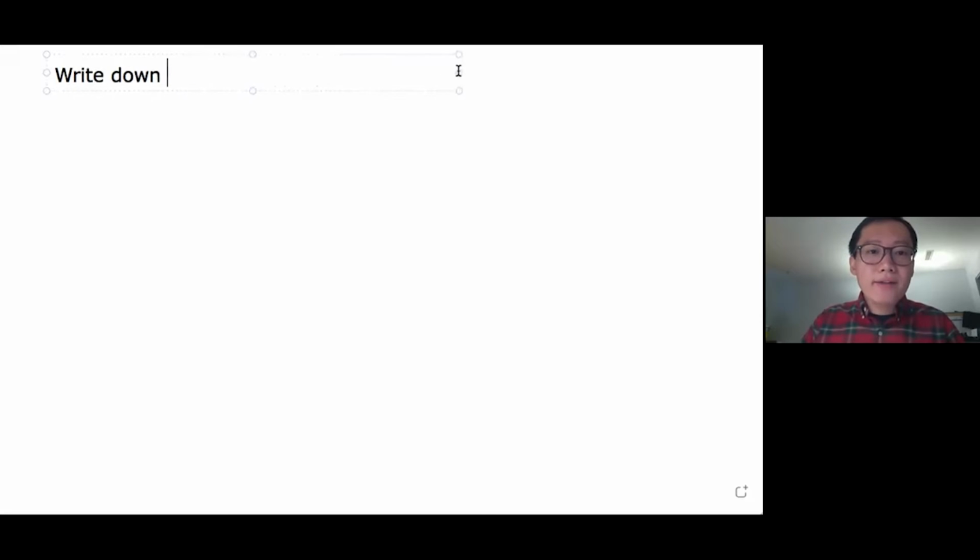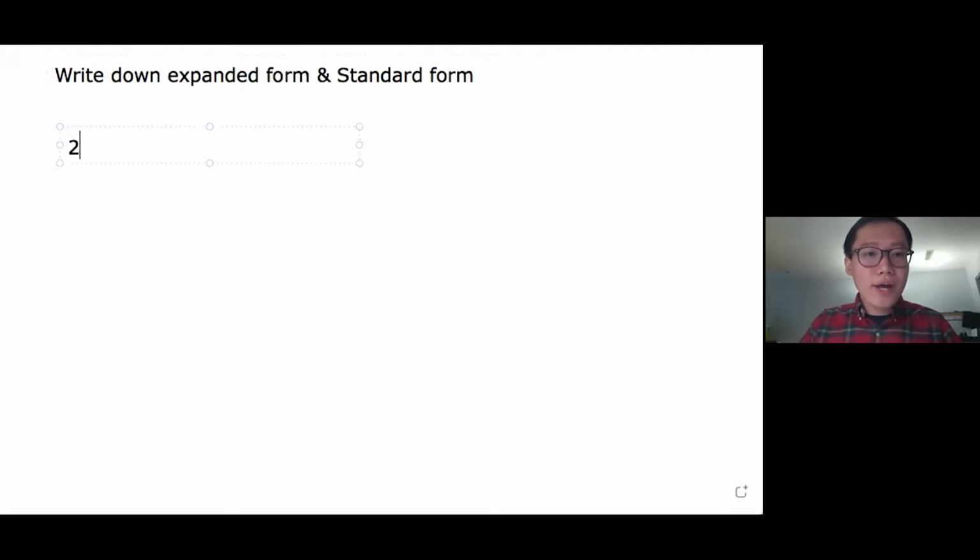Can you guys write down the expanded form and standard form for the following number? Let's first start with a hundreds number. Let's try 278. Can you tell me what the expanded form is and what the standard form is? Anyone? Yes, you.